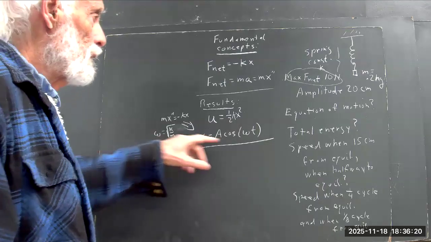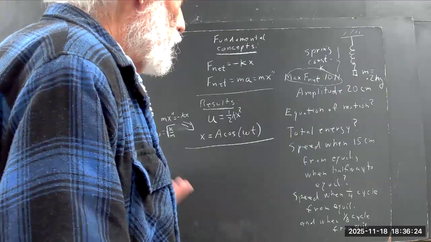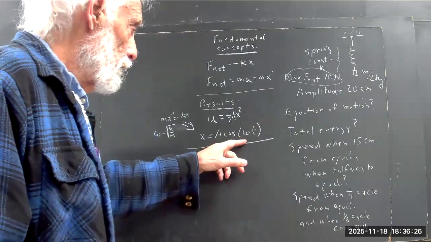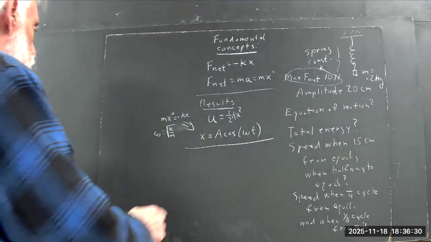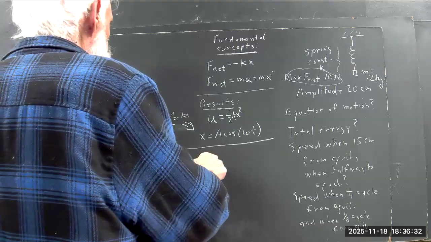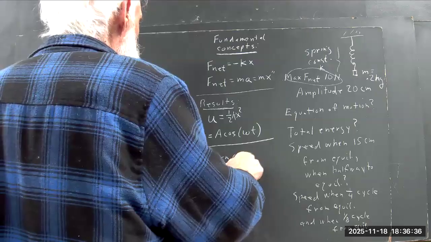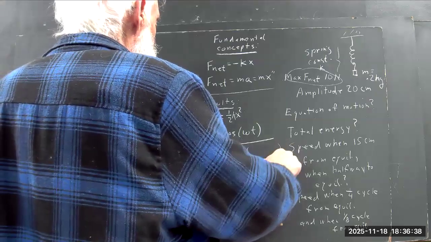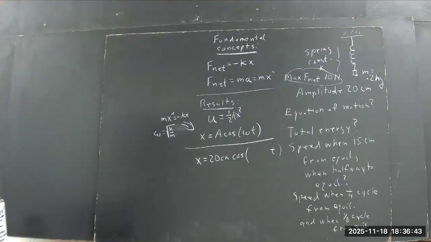We know the mass. What's the spring constant? What's the force constant? Can you get the force constant and therefore omega? If so, you're going to get x equals amplitude, which is 20 centimeters, times the cosine of whatever omega is.